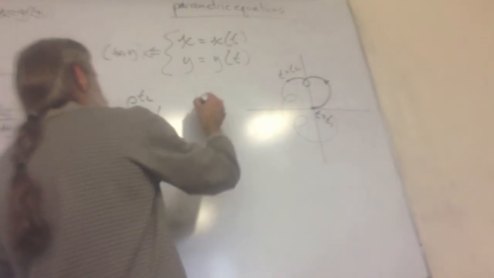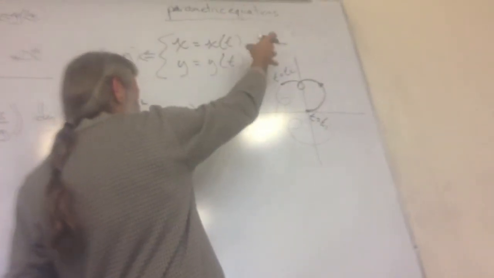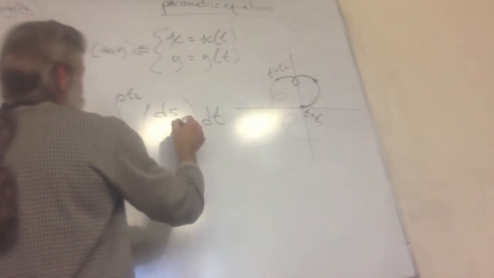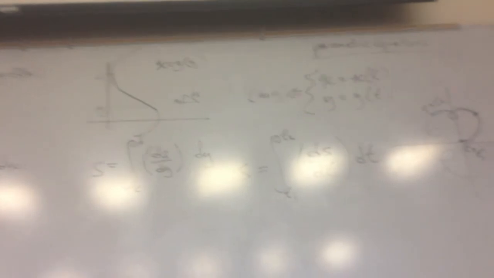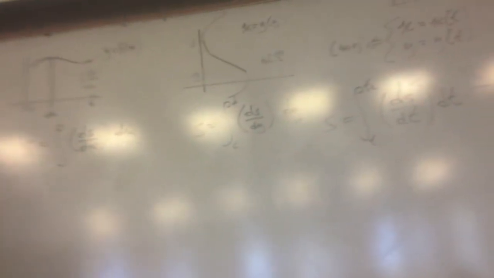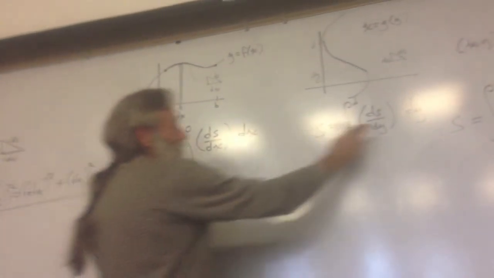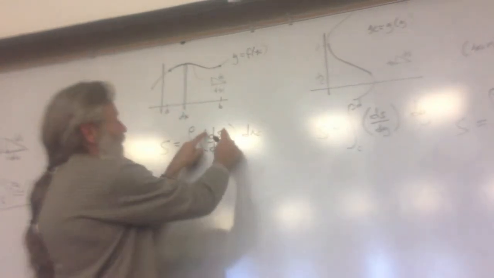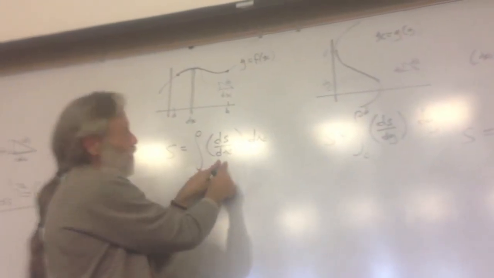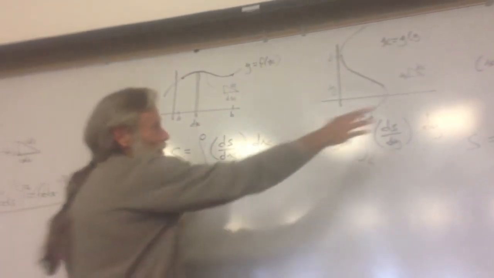And again, if these are all described in time, it's nice to have a dt here. That says that this must be ds dt in order to generate S. So they're all of the same flavor in the sense that I need to build an arc length by integrating with respect to some variable the derivative of arc length with respect to that variable. They all have exactly that form.